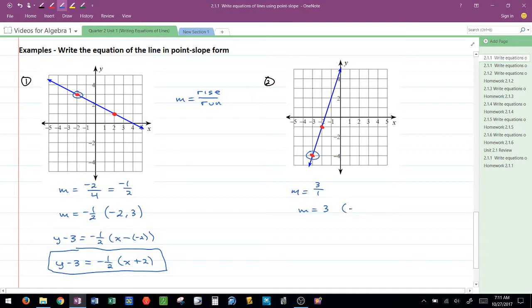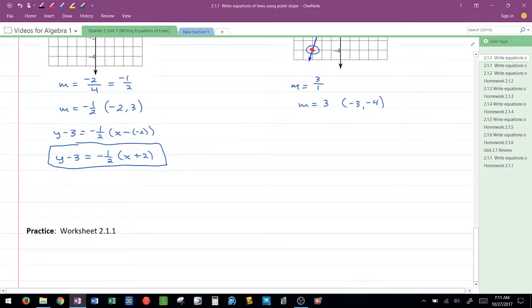That's the point -3, -4. I'm going to substitute that in the point slope, y minus -4, and again you could have just written y plus 4, equals 3 times x minus -3, and again you could have just written x plus 3. That's what I'm going to get when I clean it up. Y plus 4 equals 3 times x plus 3.